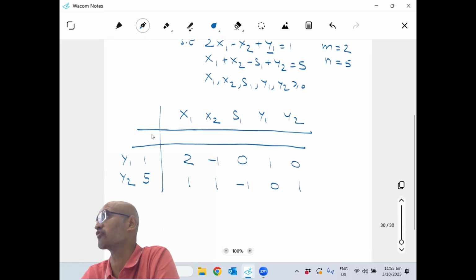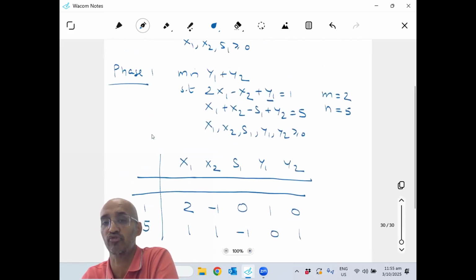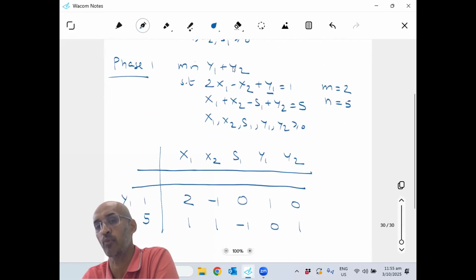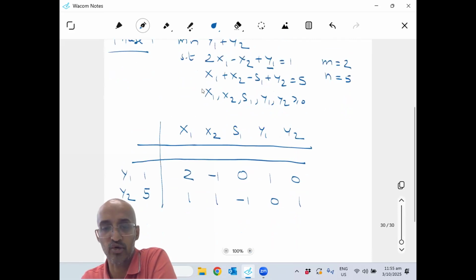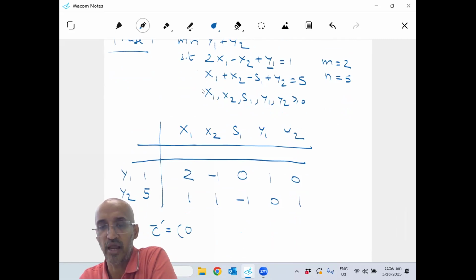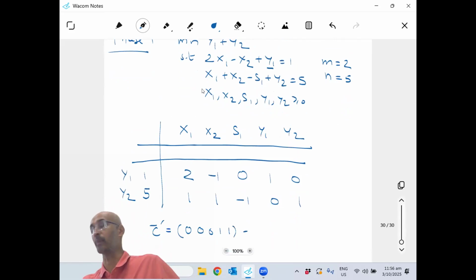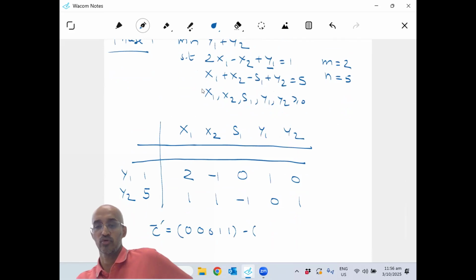I need to calculate my reduced costs. My costs for y1 and y2 are 1 and 1. So if I want to calculate my reduced cost vector, x1, x2, s1 have zero costs, y1 and y2 have costs of 1, minus the cost of my basic variables times B inverse A. Basic variables costs are 1 and 1. B inverse A is this matrix, right?